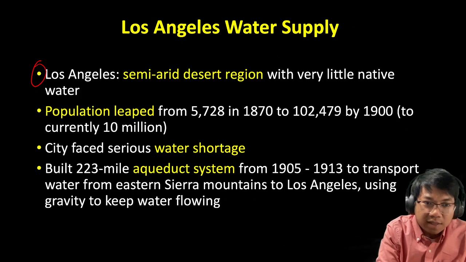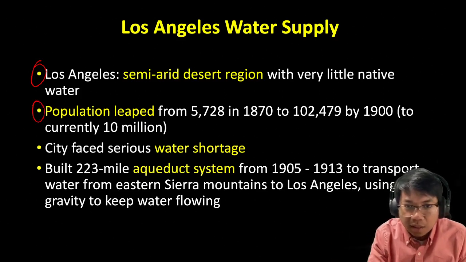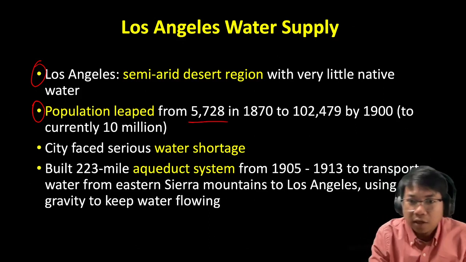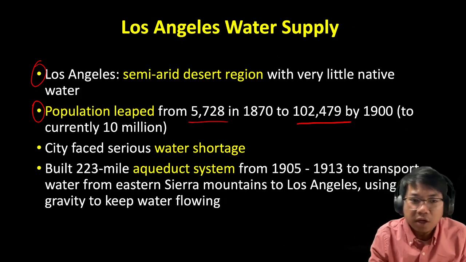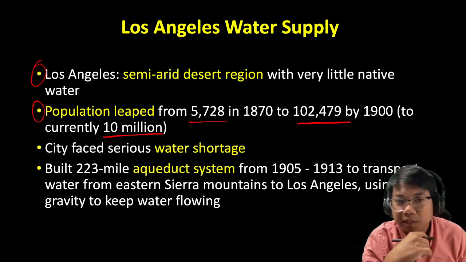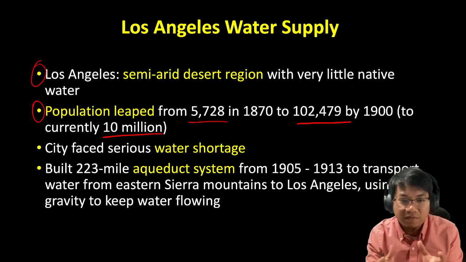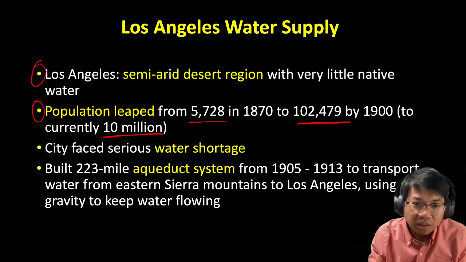But the problem here is that the population went crazy. It started out at about 5,000 people in 1870, to about 100,000 people in the 1900s, to currently more than 10 million people living in the Los Angeles area, and every single individual who lives in the city needs water every single day.